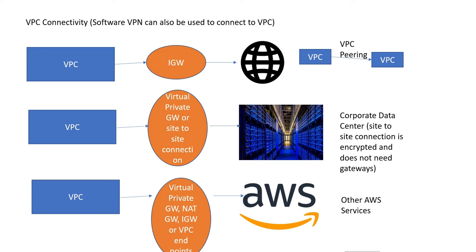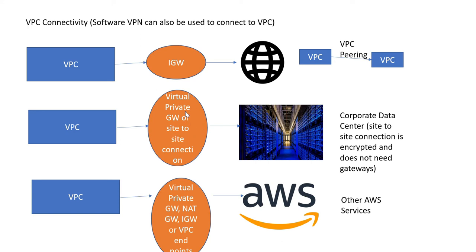If you do a site-to-site connection, you do not need internet gateways, NAT gateways, or any such things. What site-to-site does is it creates a private network, and all the data in motion and at rest is encrypted. Another way to do it is via the virtual private gateways.